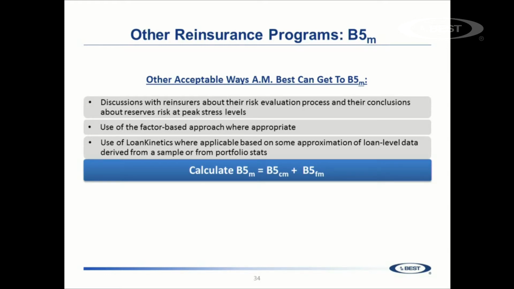If the reinsurer can provide loan samples or portfolio statistics, we can use the loan kinetics to calculate B5M based on some approximation of loan level data derived from the information provided. Just like in the previous section, B5M is the simple sum of B5CM and B5FM. Well, this concludes the section, and now I'm turning over the presentation to Manny.